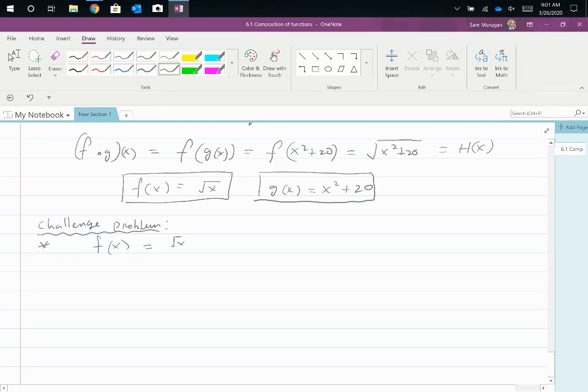And g of x, let's take g of x as a simple linear function. So the domain for the square root function is all x such that x is greater than or equal to 0, and the domain of the linear function is all real numbers.